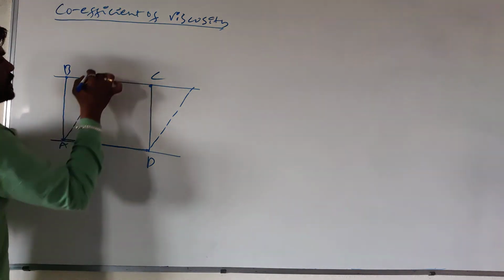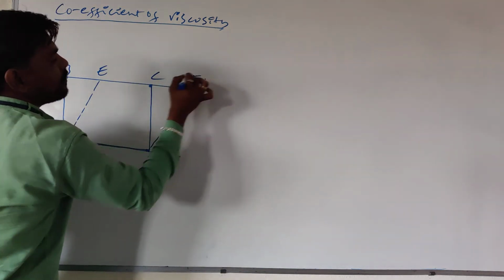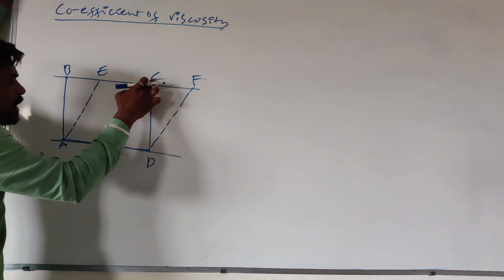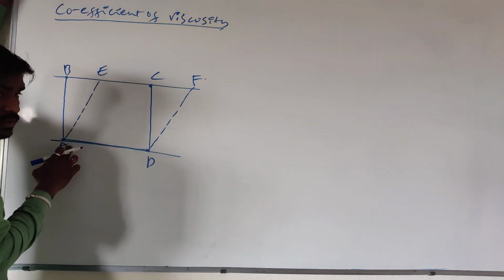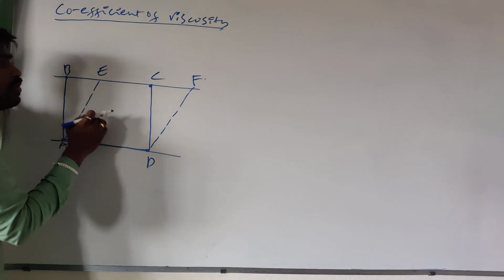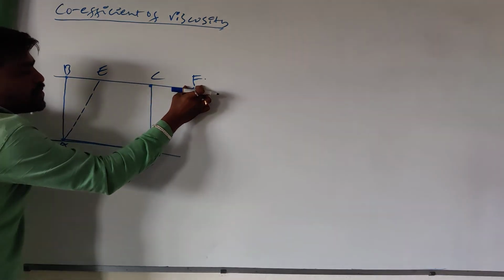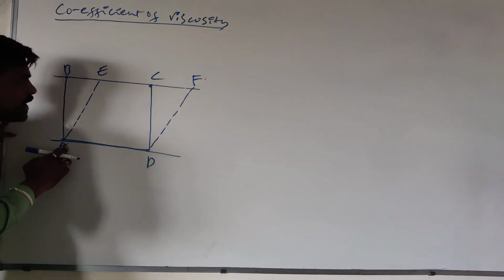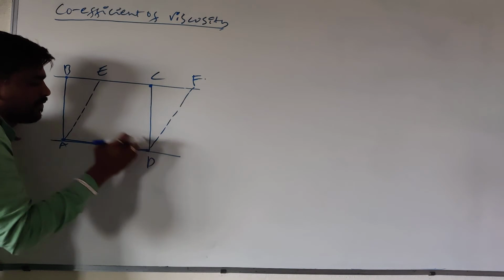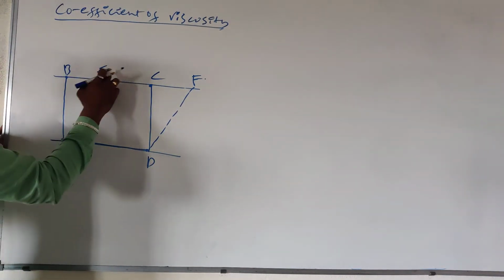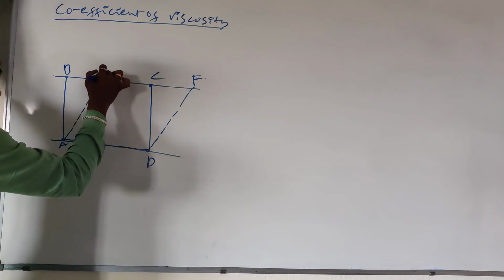Like this happens. E, F. See, the ABCD portion, when the liquid flows, the shape of that moving portion looks like AEFD.